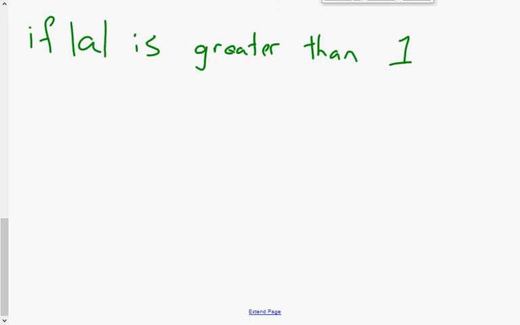If A is greater than 1. Yeah, so just look it over, okay? Try following along with example 1 there, okay? So if A is greater than 1, we say the graph is narrow. It's going to be opening up skinnier, okay?